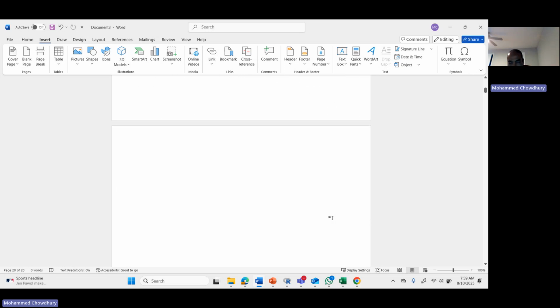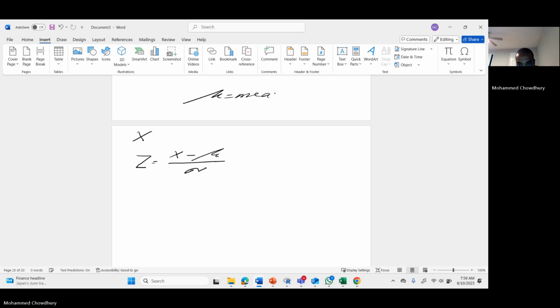Now, if data is given in the X format, then we create Z equal to X minus mean, which is mu, divided by sigma, which is the standard deviation. So mu is the mean of X and sigma is the standard deviation of X.